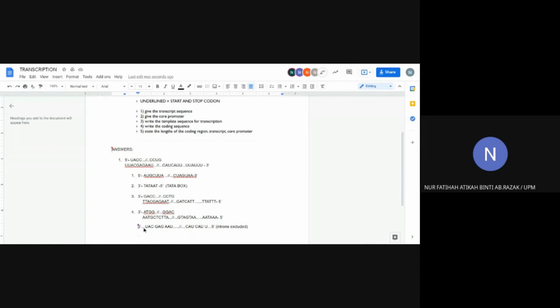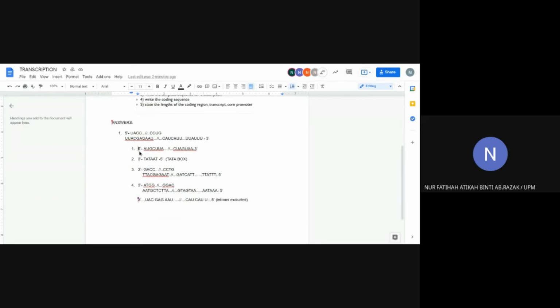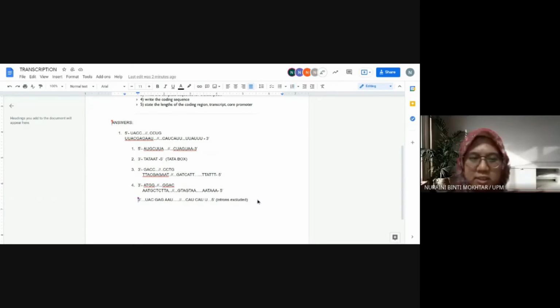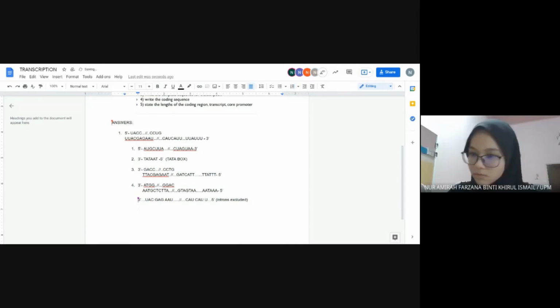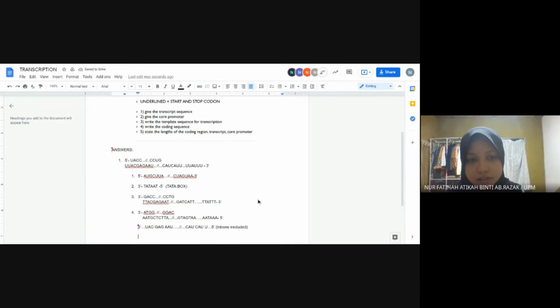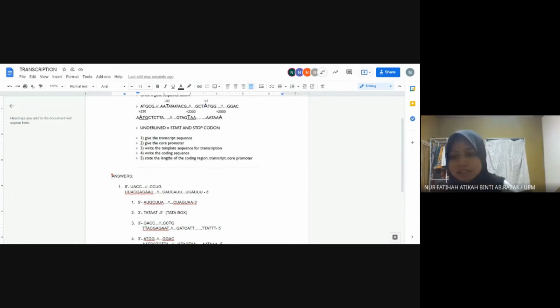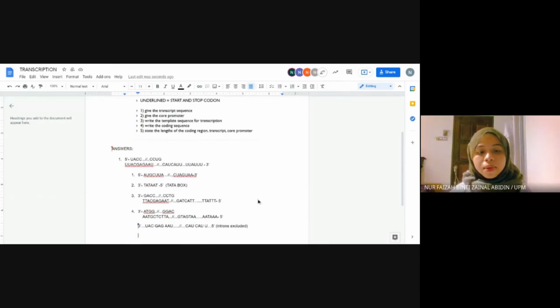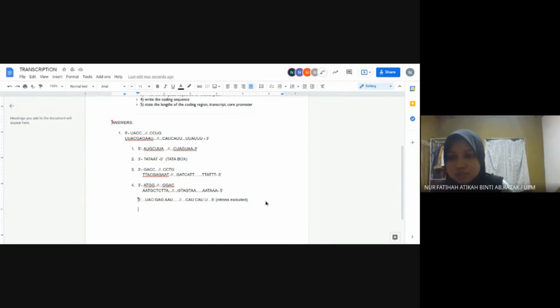Base pair or gene sequence? I think it's base pair, BP. But I got 2073.